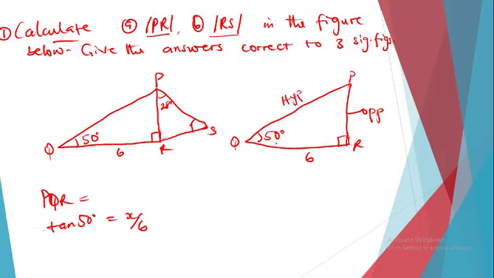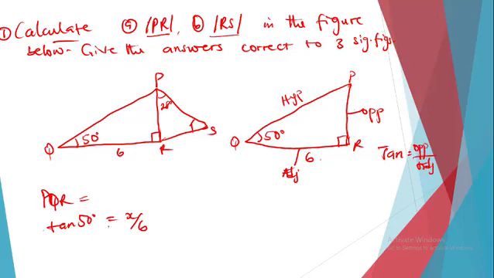So we are working with the angle that is given, which is facing the opposite side, and the line that is given is the adjacent. It is only tan that can accept opposite and adjacent at the same time.